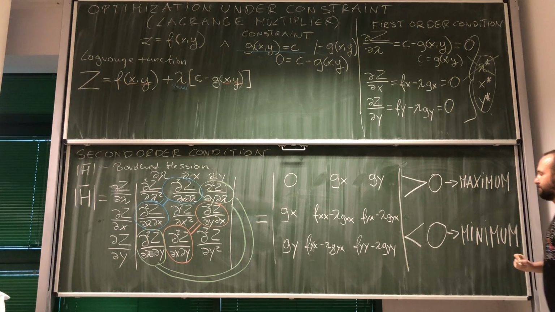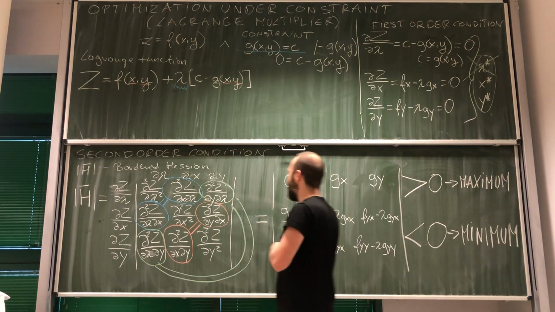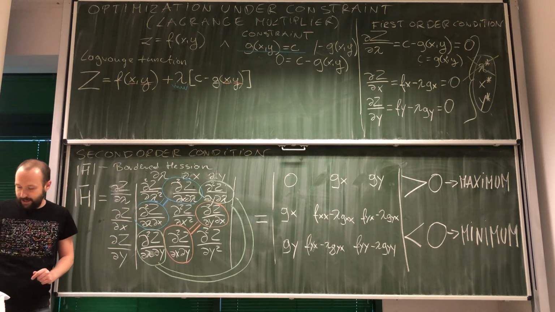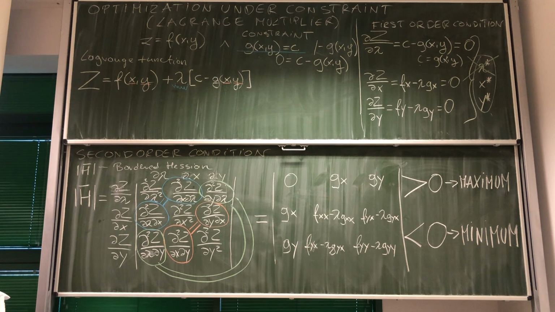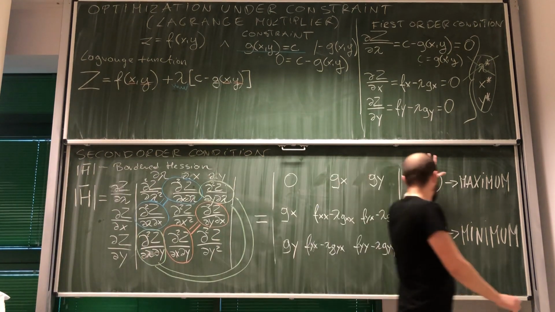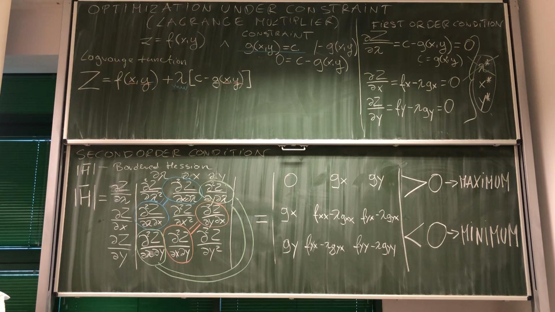And that's it. In this case, we just need to calculate one Hessian, the border Hessian. We do not calculate first principal minors. So this is it. As you see, in this case, especially, the second order condition is easier.